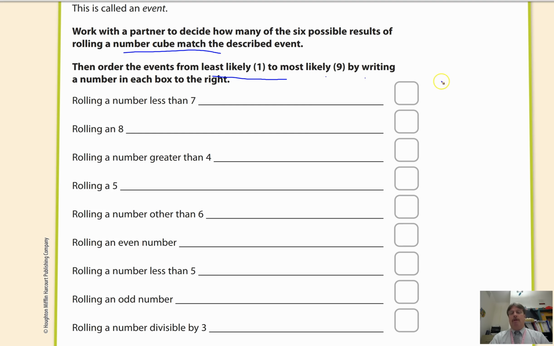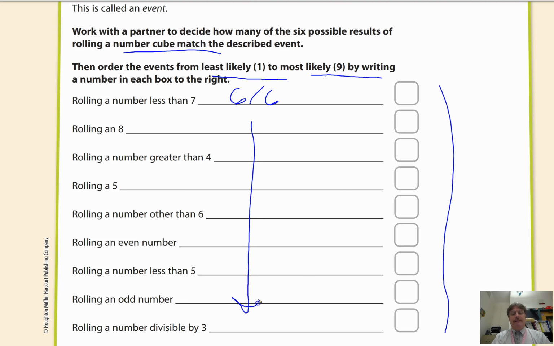You're going to order them, with 9 being the highest, the most likely, and 1 being the least likely. For example, if you roll a number less than 7, you have 6 out of 6 chances of doing that. Then you have to finish the rest of these and rank them.